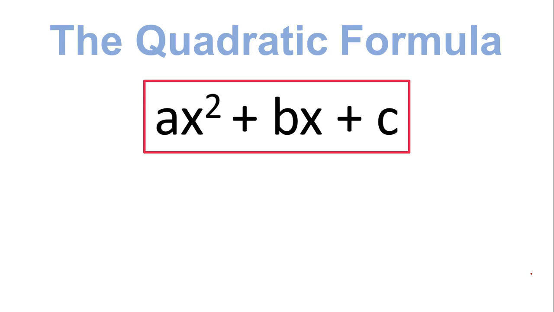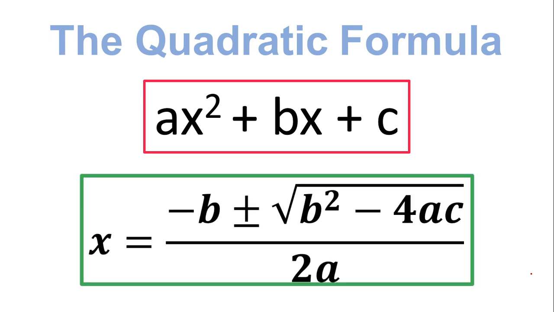Now, if you want to solve the quadratic equation using the quadratic formula, obviously, as the name suggests, there is a specific formula for that, and that is x is equal to minus b plus or minus square root of b squared minus 4 times a times c, divided by 2 times a.